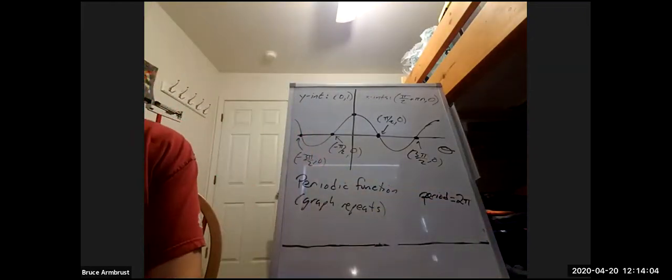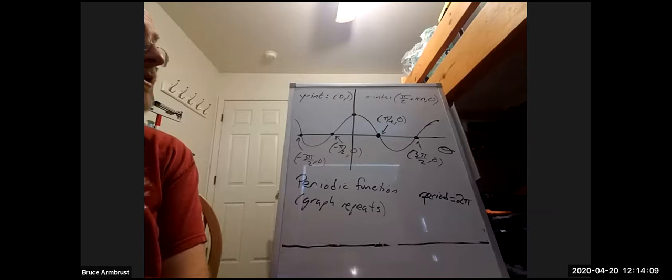So period is how far you have to go, the minimum length you can go before you start repeating your graph. Now, periodic functions are awesome because it means there's less you actually have to know about them. If I know what happens with cosine between 0 and 2 pi, I know what happens with cosine forever.